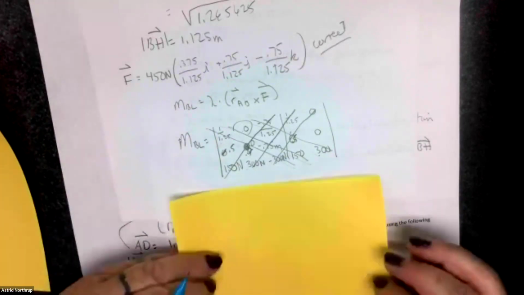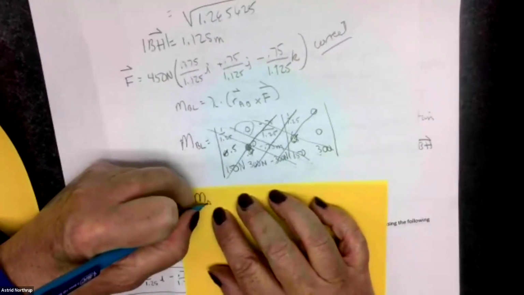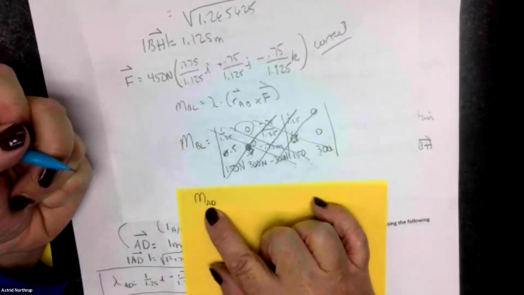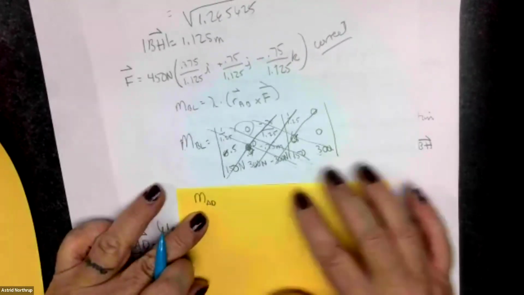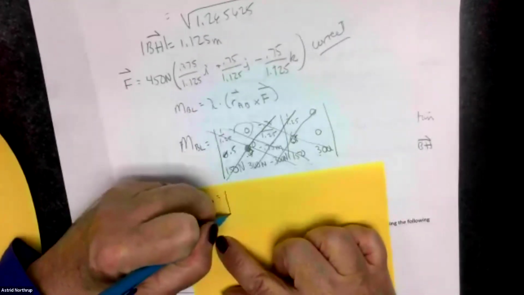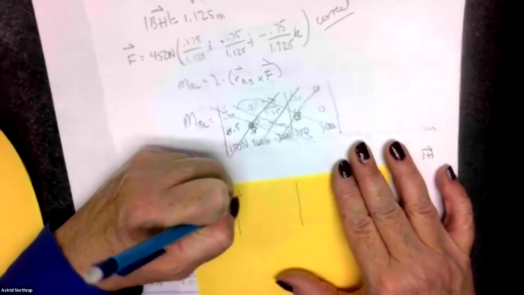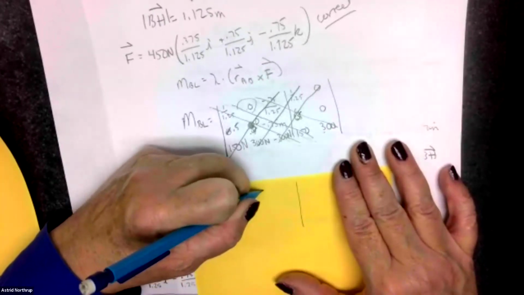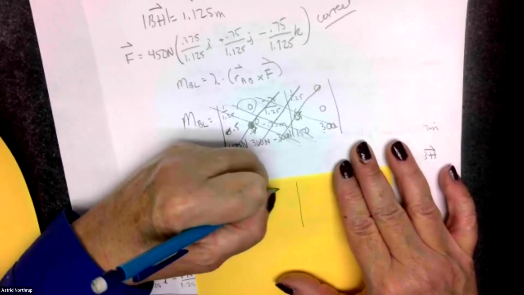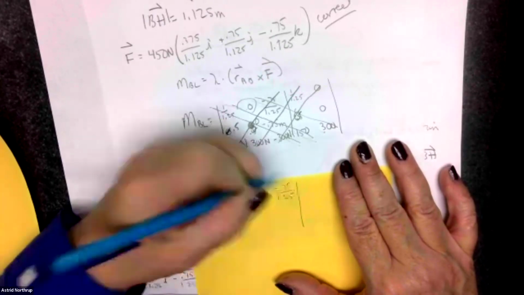All right, so I'm going to rewrite my determinant because it's ugly, but let's not go back to the original. Let's just call it what it is. It's the projection of the moment about the axis AD. So if I put my numbers into the determinant properly, I would have 1 over 1.25, 0, negative 0.75 over 1.25.